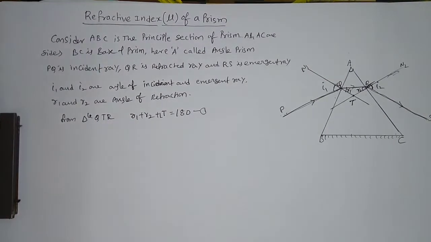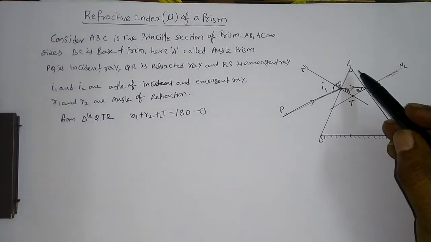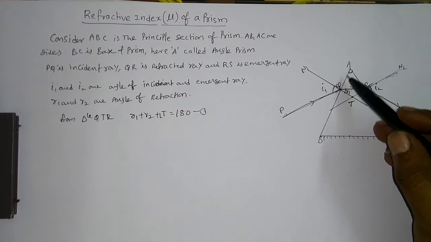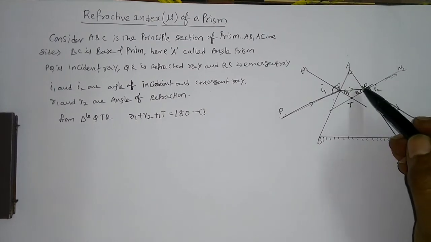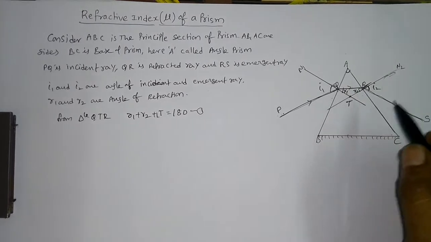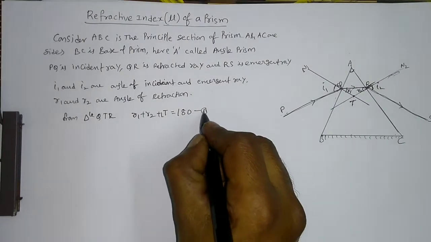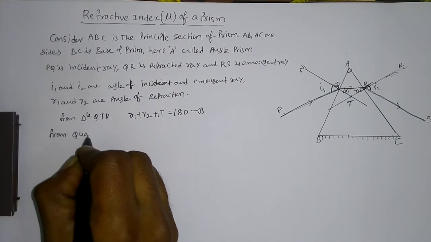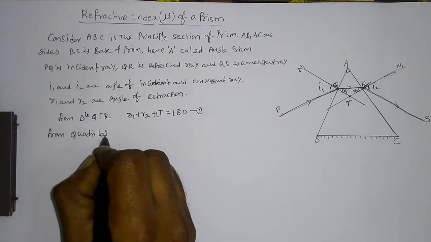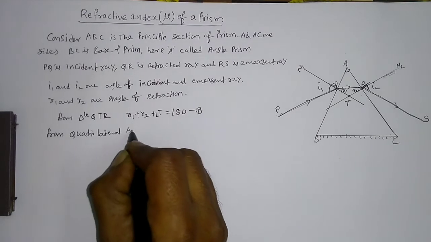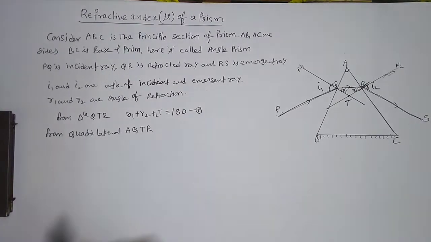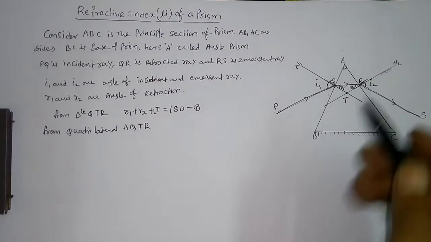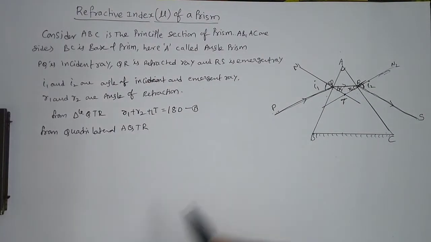Next, from the quadrilateral AQTR, what will you get here? From the quadrilateral AQTR, the sum of the angles is equal to 360 degrees as usual.